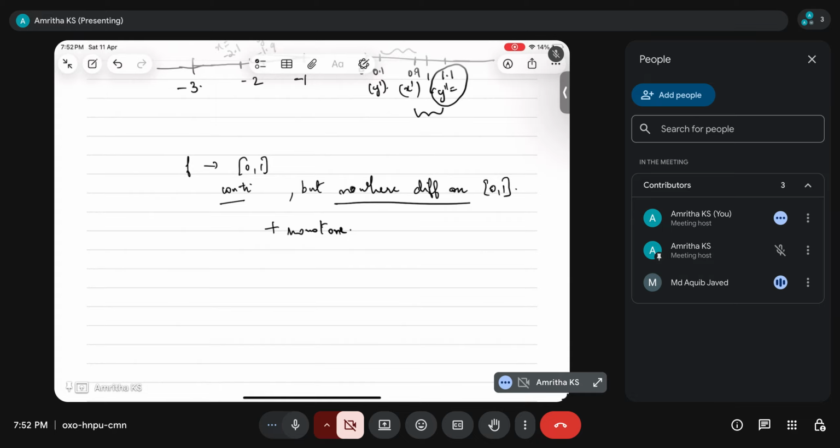So that function may be differentiable or not. No, I'm asking whether there exists a continuous function. You know that there exists a continuous function which is nowhere differentiable. But I'm asking whether there exists a continuous monotone function which is nowhere differentiable.